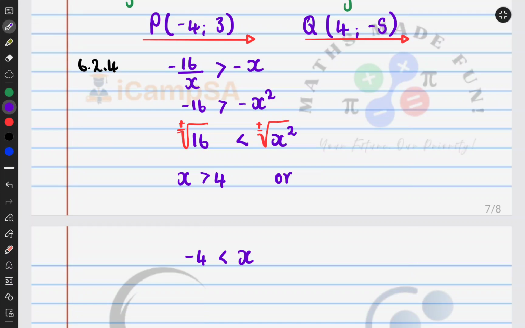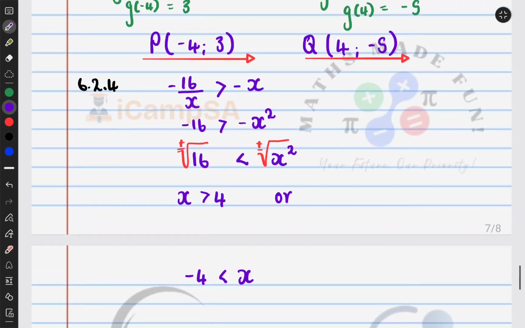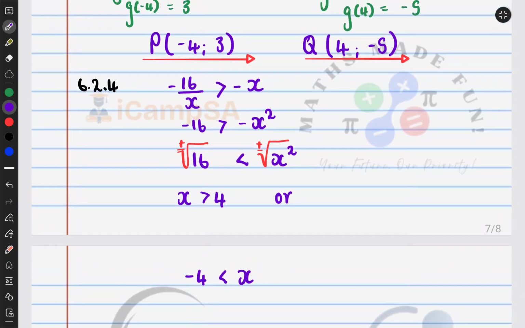Okay, let's see, where x is greater than 4. Okay, I'm trying to see, because when we get to 0 here, 0 squared will be just 0. It's not going to be greater than 16. Okay, I think I see what happens here.